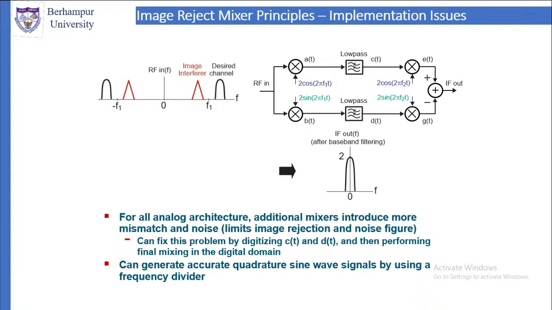This can be fixed by digitizing C and D, then performing the final mixing in the digital domain. So from analog you just shift to the digital domain. This can generate accurate quadrature sine wave signals by using a frequency divider. Instead of using a VCO, use a frequency divider.